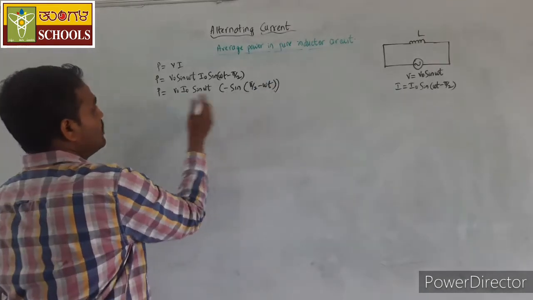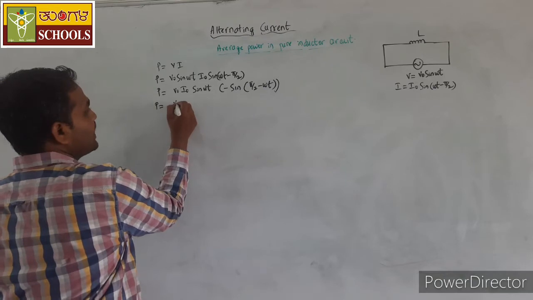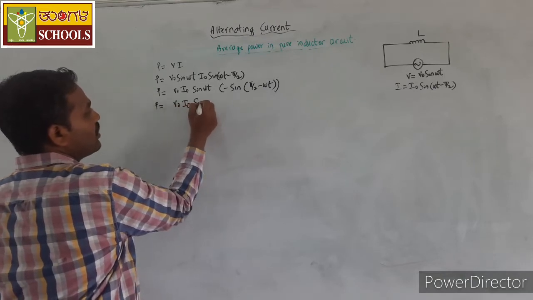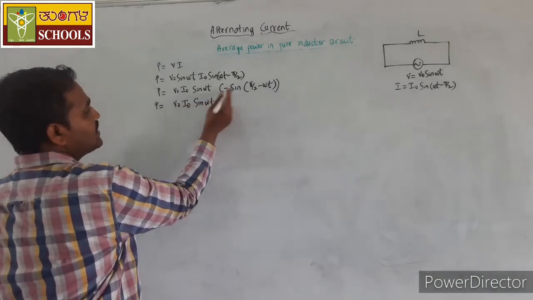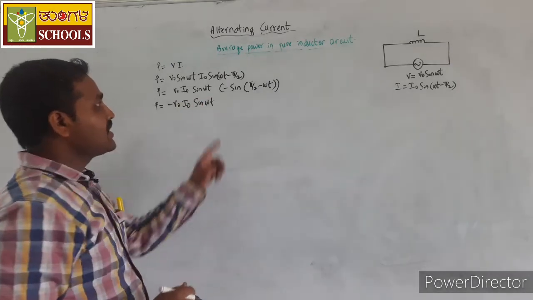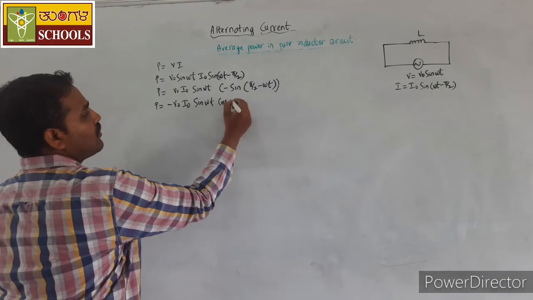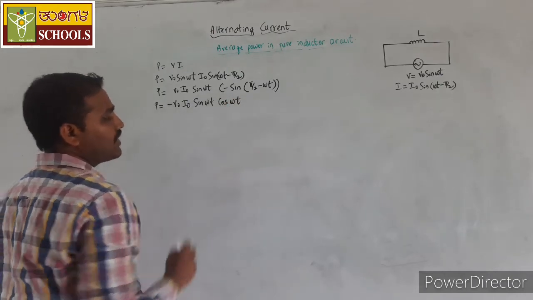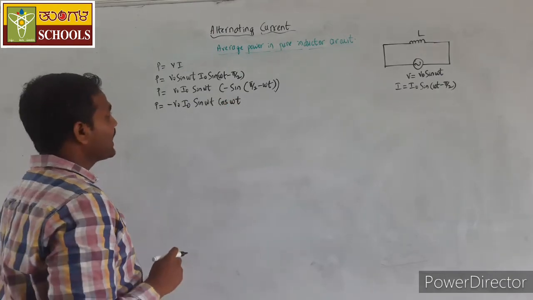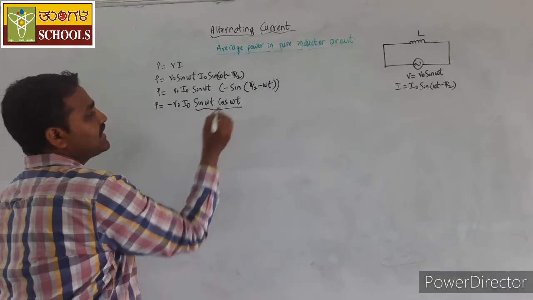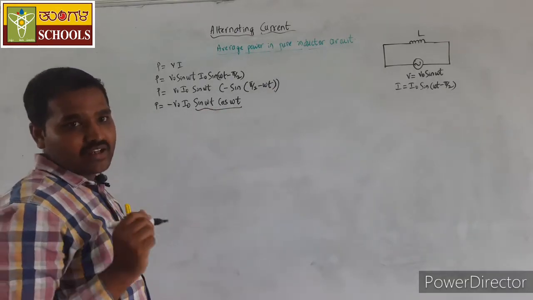Let me simplify this again. I can write this as V naught I naught sin omega t, with this minus sign written outside. Sin(pi by 2 minus omega t) is nothing but cos omega t. Again, this I can write in the form of sin 2 omega t.